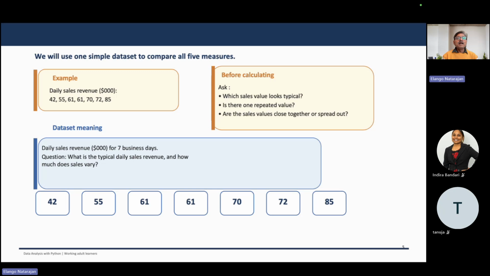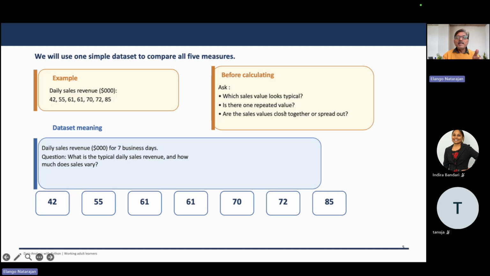Okay, fine. So I'm just showing an example over here. It is of daily sales revenue. And of course, I have 7 data points over here. In case you want to do some analysis on this data, before taking up the calculations, please ask yourself some questions, like which sales value looks typical?